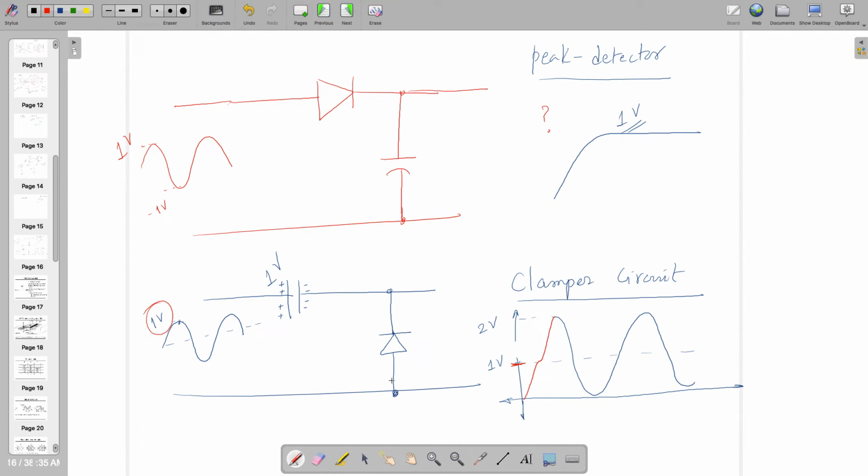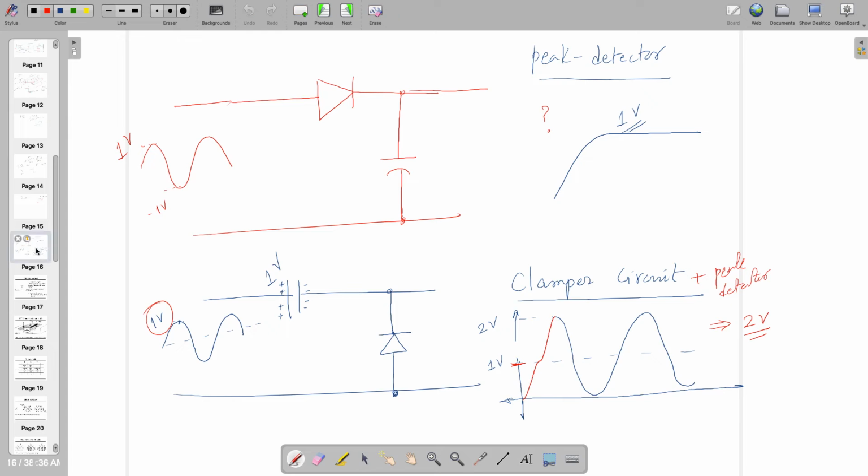And if I add both the circuits together, clamper plus peak detector, what am I going to see? If it is ideal, I am going to see 2 volt. So after applying a 1 volt sine wave, the output is 2 volt. You can see that.